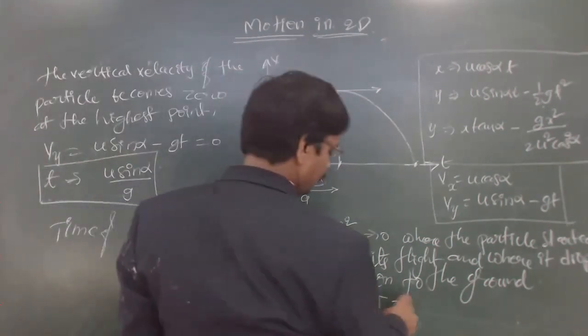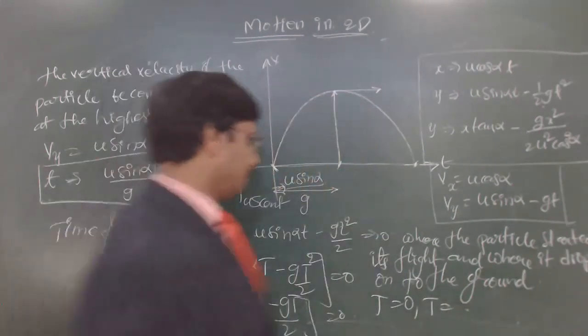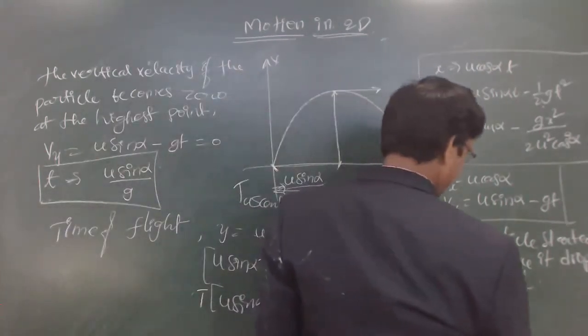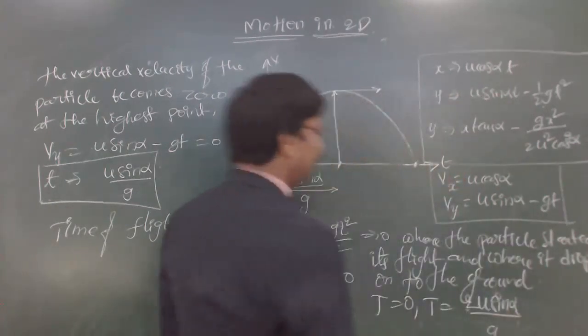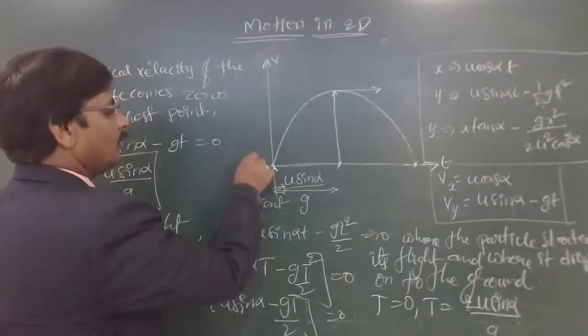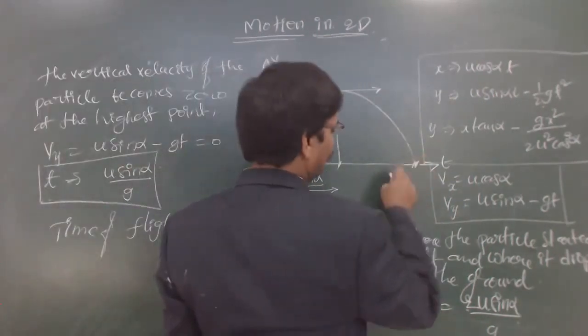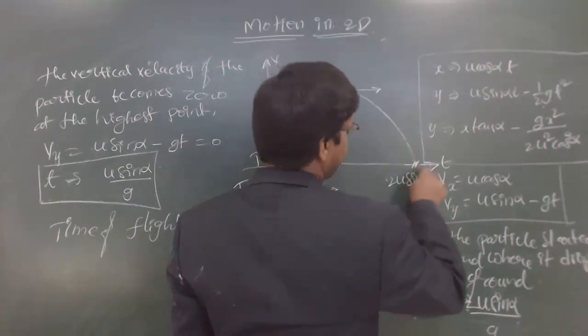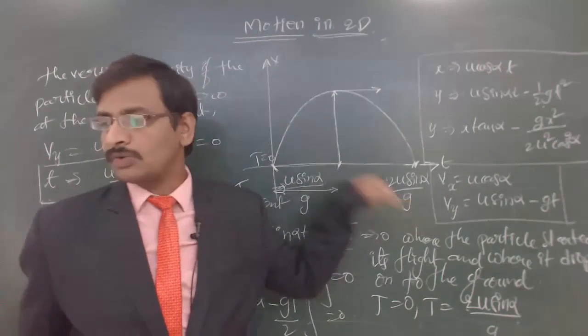One is t equal to 0, another is t equal to 2u sin alpha by g. So t equal to 0 is the place where the flight started, and t equal to 2u sin alpha by g is the place where the particle got dropped onto the ground.